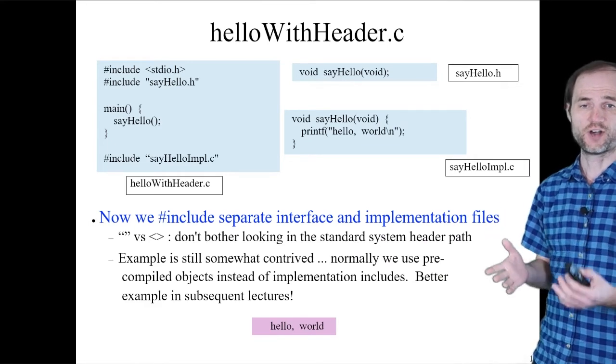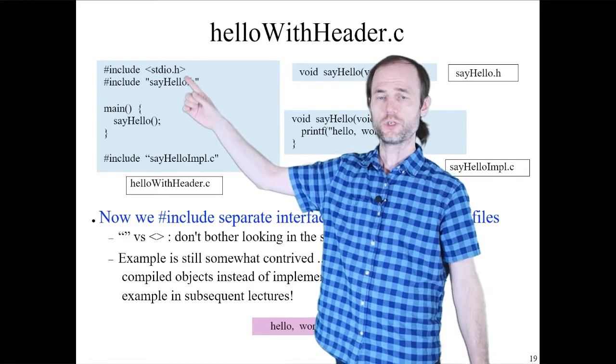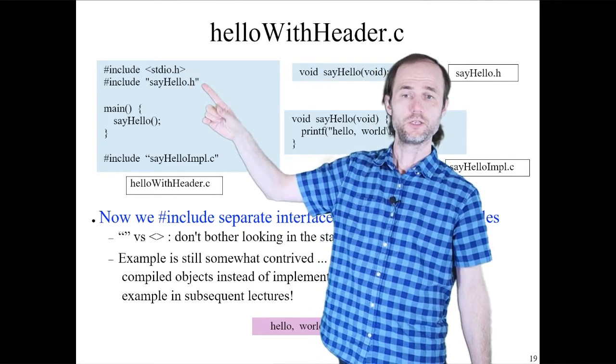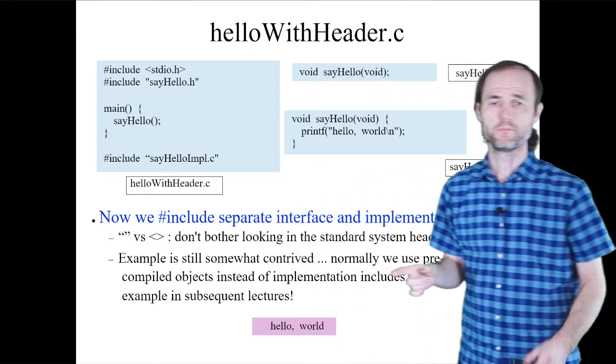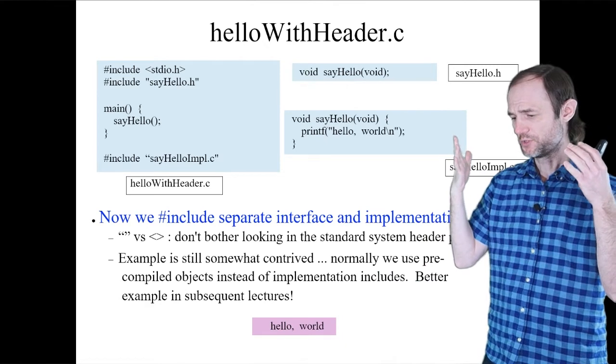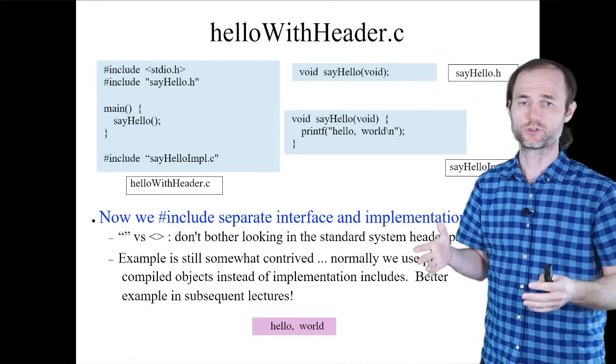So to repeat, we used include to separate the interface or declaration and the definition or implementation of the function in different files. Notice that there is a difference between including files using the angular brackets and using the quotes. The quotes mean that the C compiler will be looking for these files in the current directory.